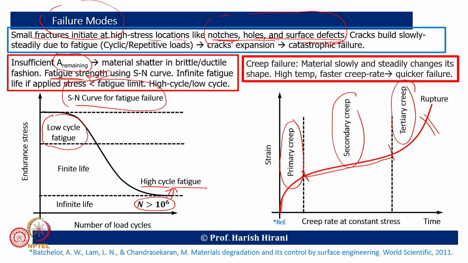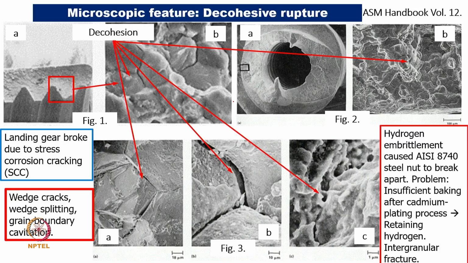In this case also, the initial pores or initial cracks will expand and reach one critical limit where the effective area is much lesser than required. Because of the lesser cross-sectional area, the material will shatter either in a brittle or ductile failure, depending on the material, the temperature and other parameters. So, these things have already been described in the course.